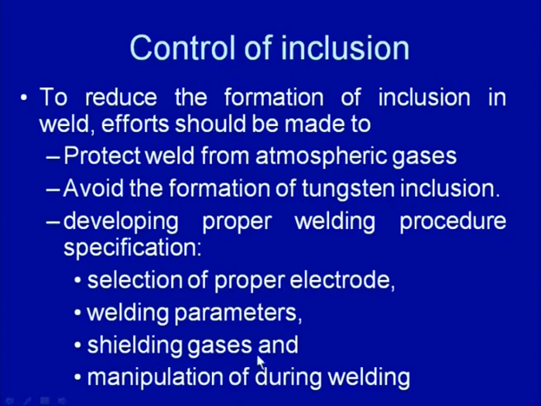The desired purity of the shielding gas is also ensured, so that oxygen, nitrogen, or hydrogen gases are not present with the shielding gas which is being used to protect the weld pool.